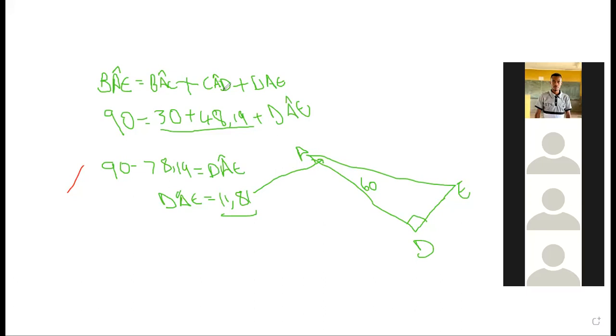Yes, sir. Sharp. In order to find what are we calculating? Let's go back to what we are calculating. DE. So give me the trig ratios involving DE, by the way, opposite to A, right?